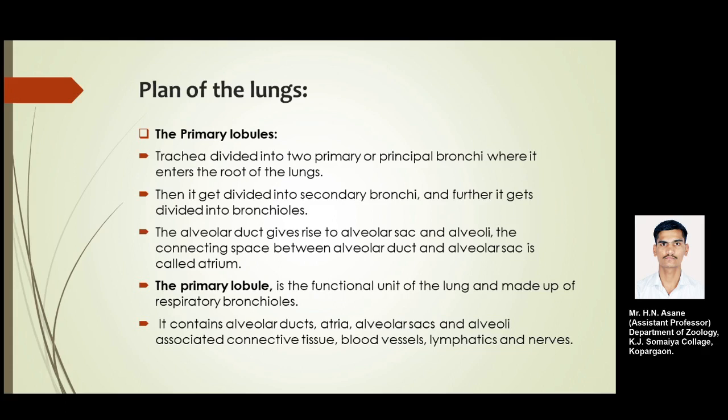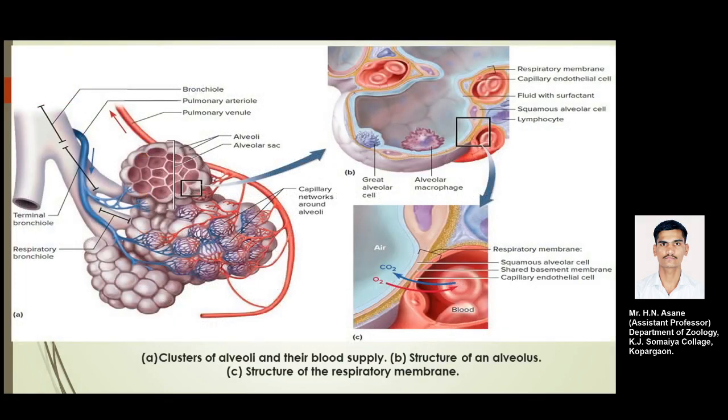Okay, and going further to the respiratory bronchioles, we will show you the respiratory bronchioles here. As you can see in the first part of this picture, you will see the cluster of alveoli and their blood supply.